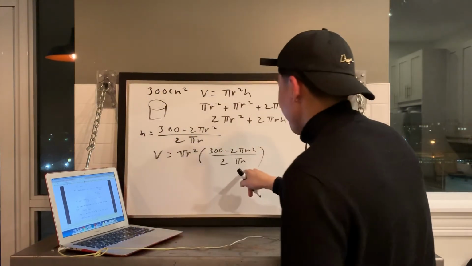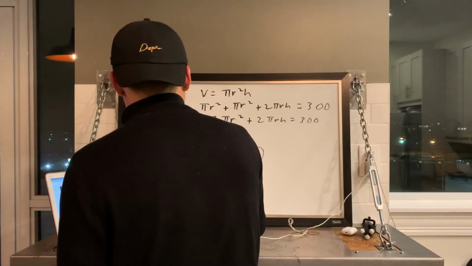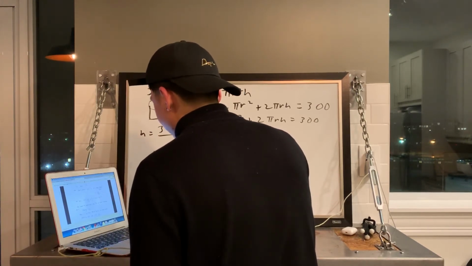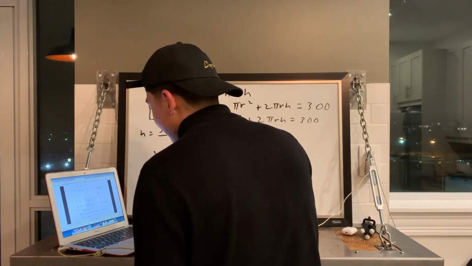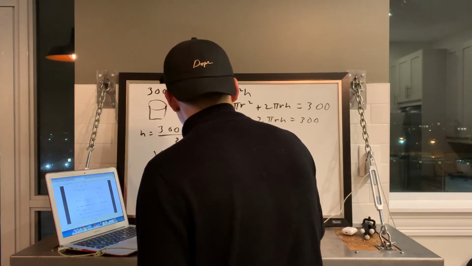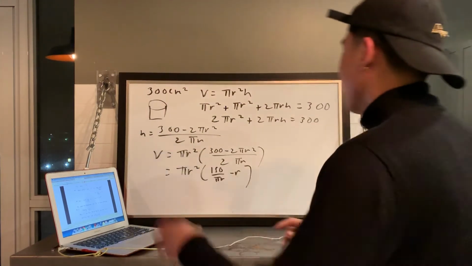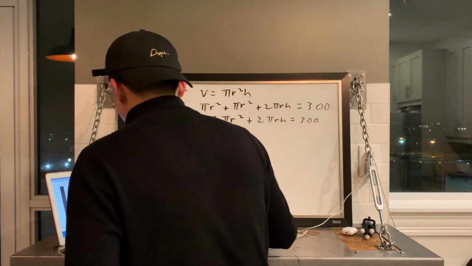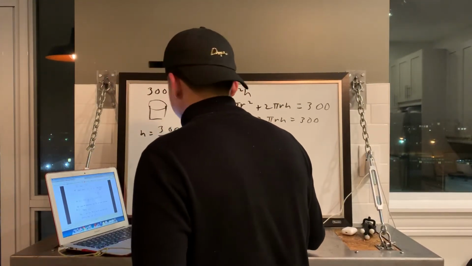And that actually can be simplified into pi r squared times 150 over pi r minus r. And if you were to FOIL that in, I'd actually have 150r minus pi r cubed.